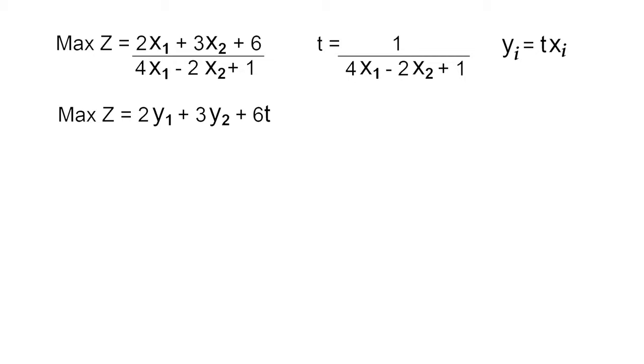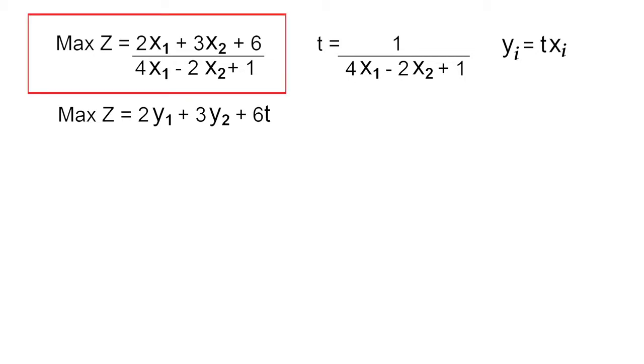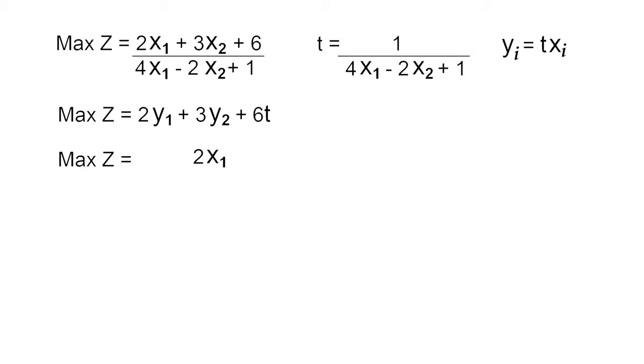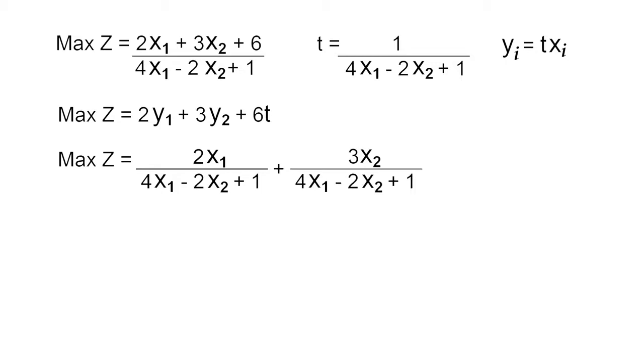Now, why is this transformation valid? Let's try looking at our original objective function and separate it for each term. We can rewrite our original objective function as max z is equal to 2x1 over 4x1 minus 2x2 plus 1, plus 3x2 over 4x1 minus 2x2 plus 1, plus 6 over 4x1 minus 2x2 plus 1.